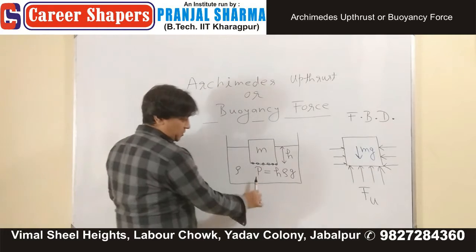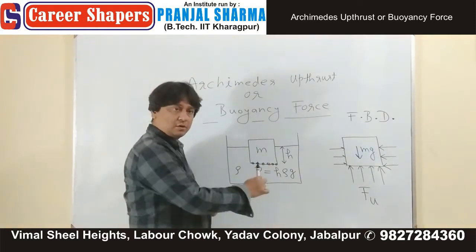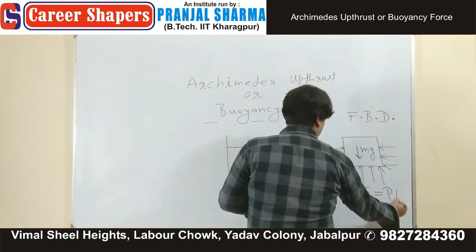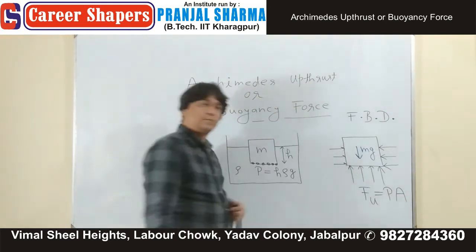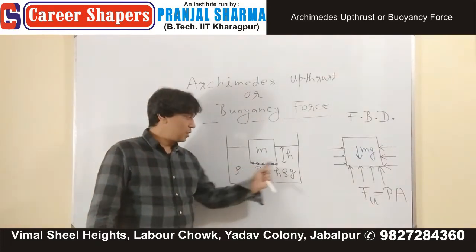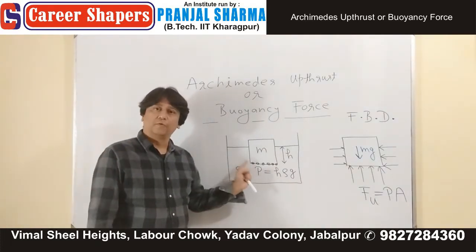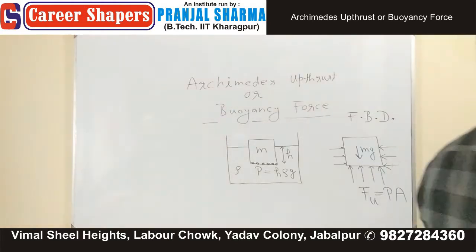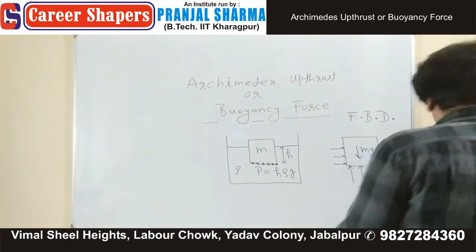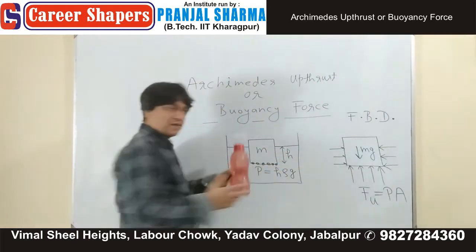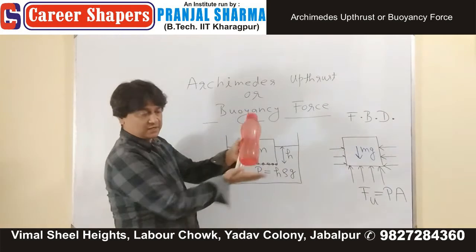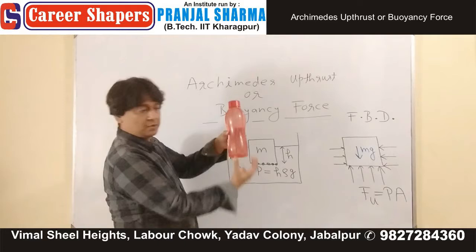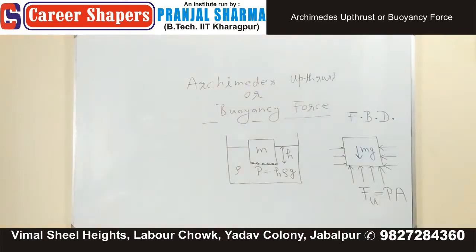So this block is being pushed up by the pressure. What is force? Pressure multiplied by area. What is A? Area of the base of this floating object. For the time being, if I say it's a cube or a cuboid, then let's say this is the body, then this base is A, and this is being pushed up by a force of Fu.